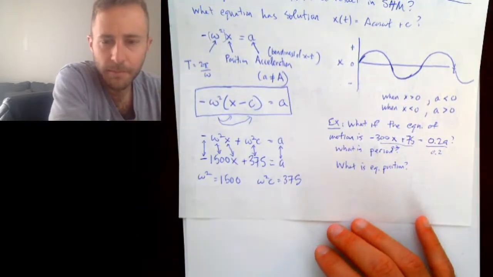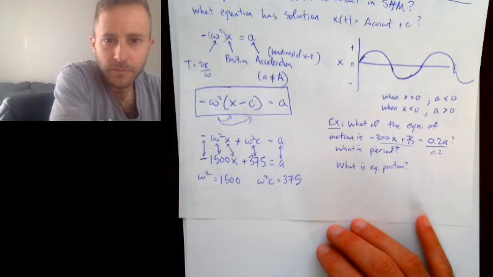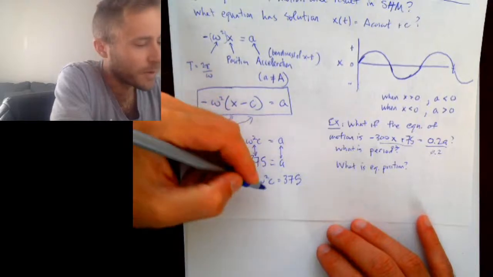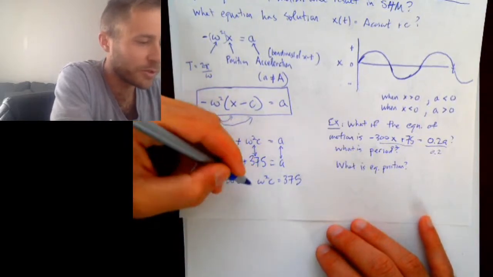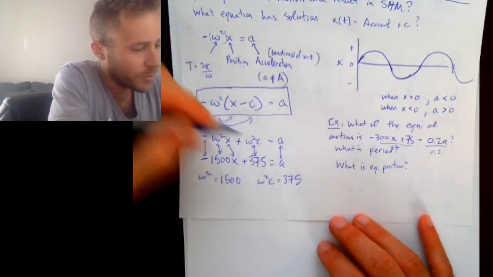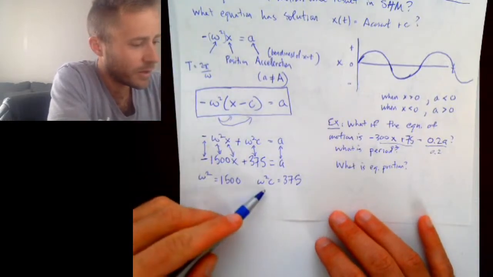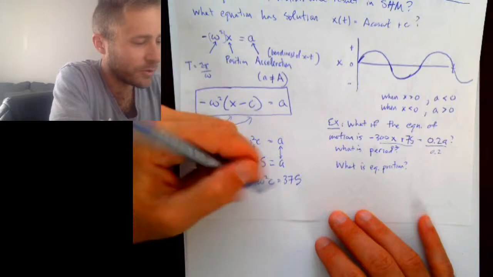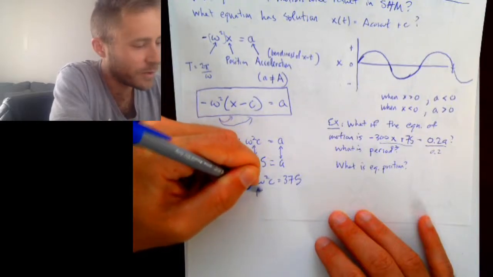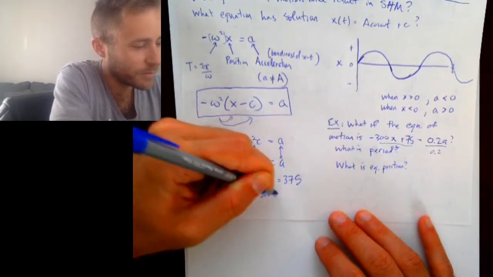All right. So I can figure out the equilibrium position right away because I know that omega squared is 1500, so I can plug in 1500 for omega squared.